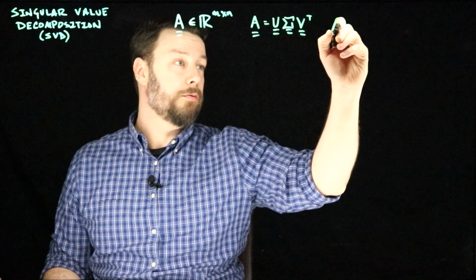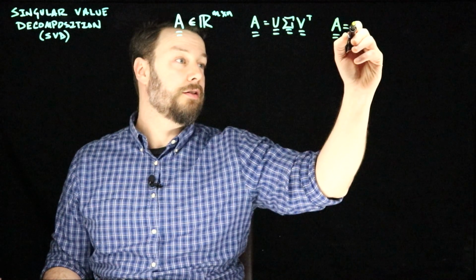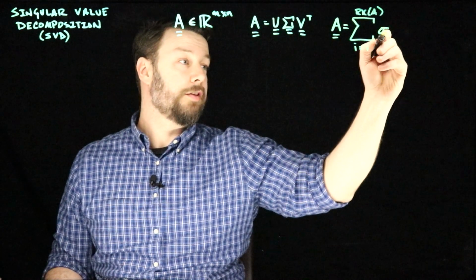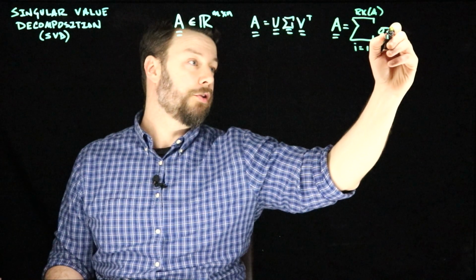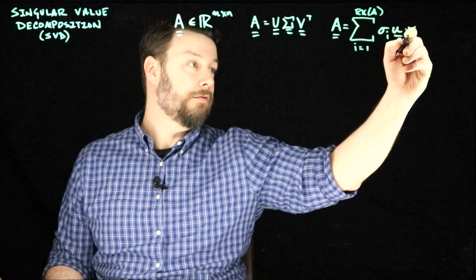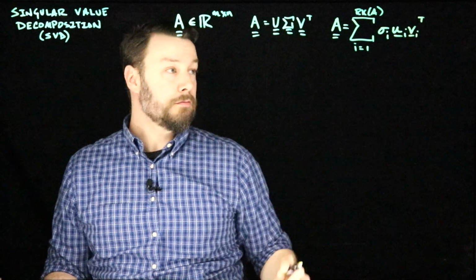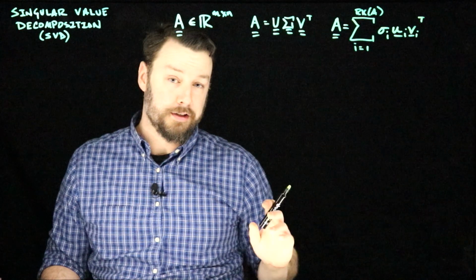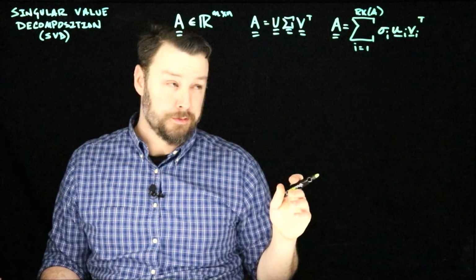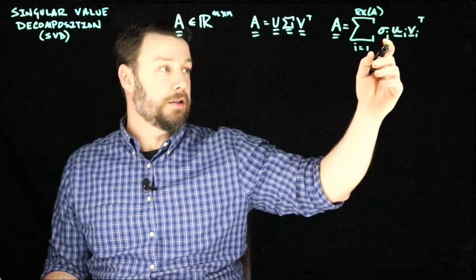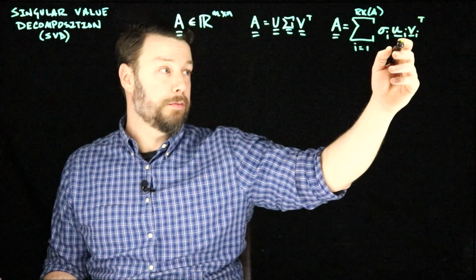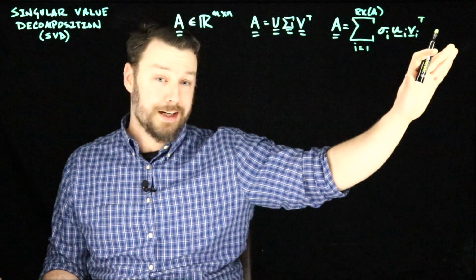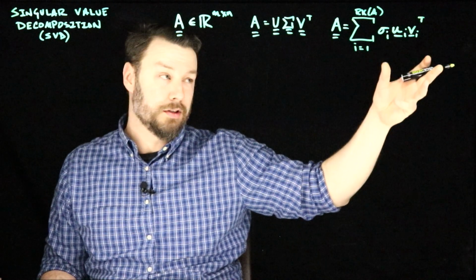What do I mean by that? Well, we can also write A as a sum up to the rank of A of the ith singular value multiplied by u_i v_i transpose. u_i is the ith left singular vector, v_i is the ith right singular vector. What we're doing here is a little bit confusing because we're taking two vectors and multiplying them, but rather than the transpose being in the middle to make this an inner product, the transpose is on the right side, making this what we call an outer product.